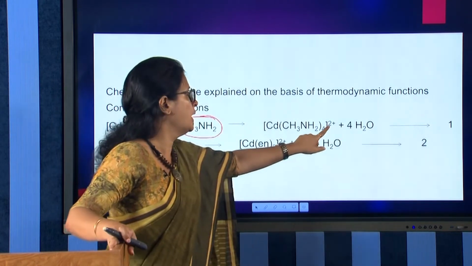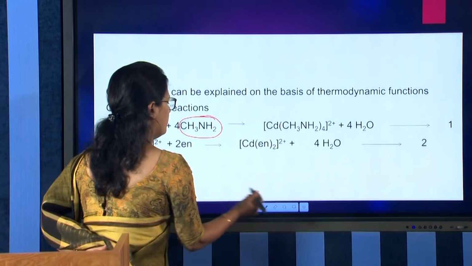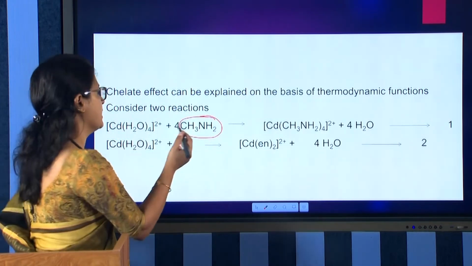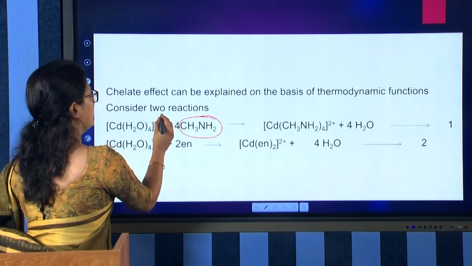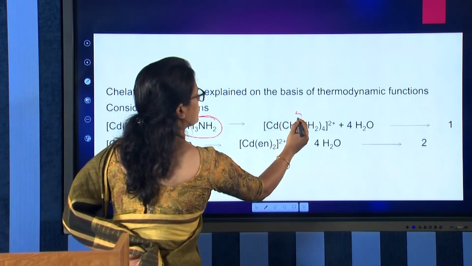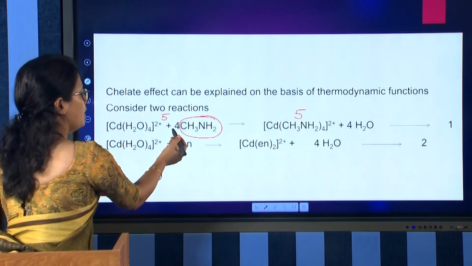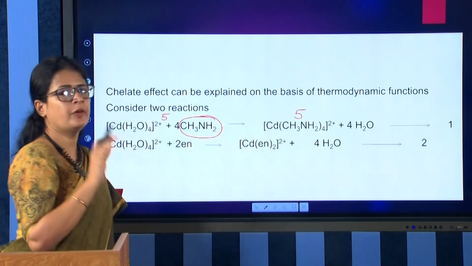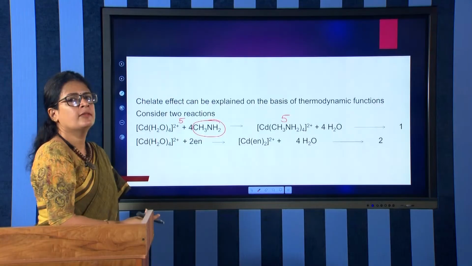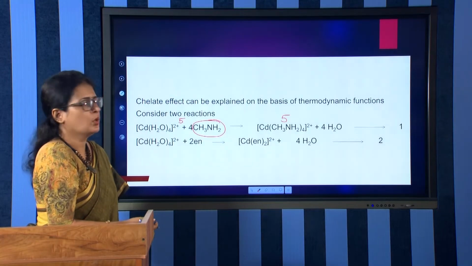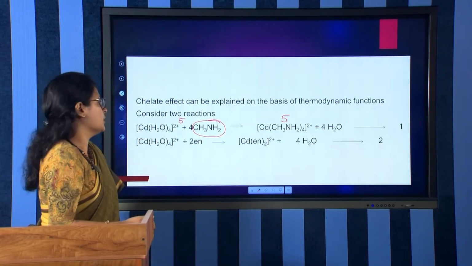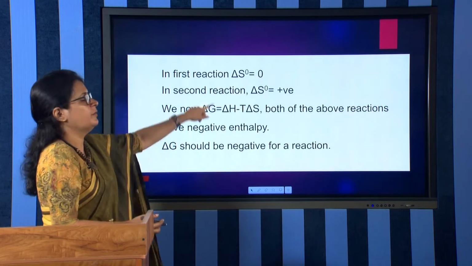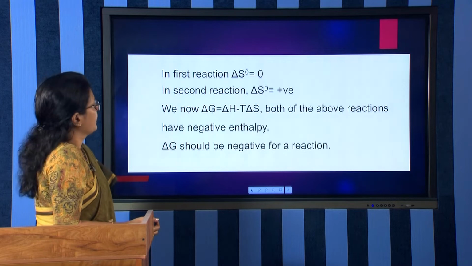So you can count the number of molecules on the left and right hand side. It is 5 here, and 5 here. 5 molecules on both sides. 5 minus 5 is 0. That is why in the first case delta S0 is 0.